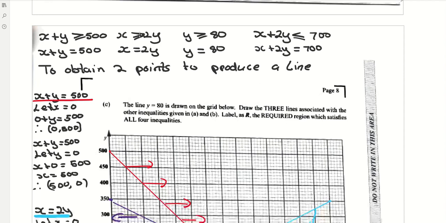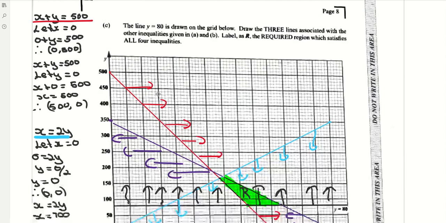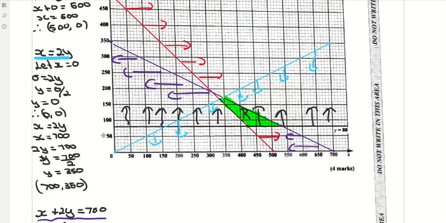Then x is more than or equal to 2y. What you would do here is choose a value for x. Let's say x was equal to 100. What would y be equal to? y would be equal to 50, because it's 2y, right?